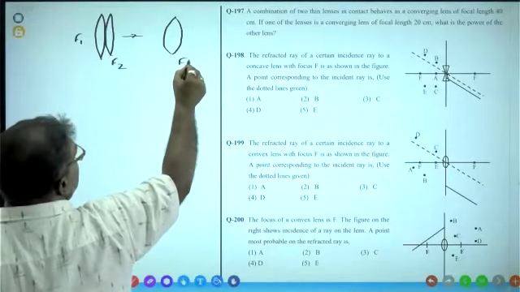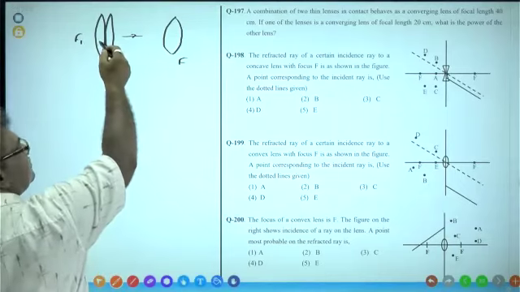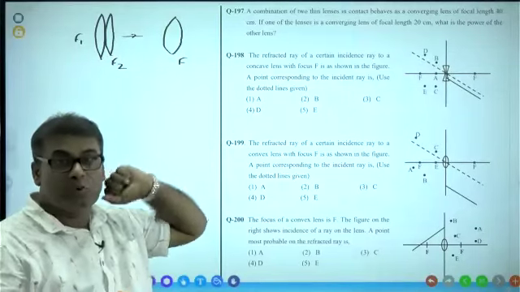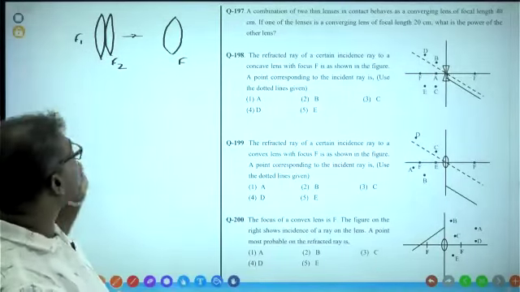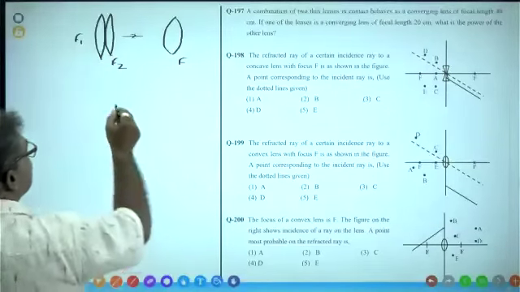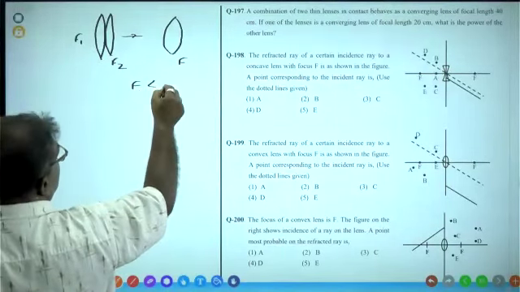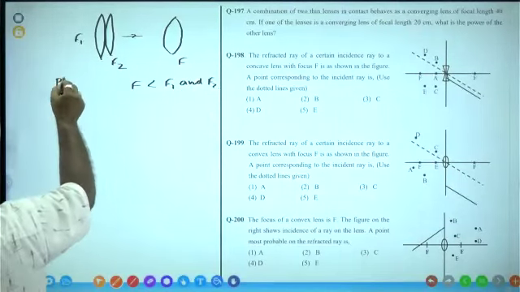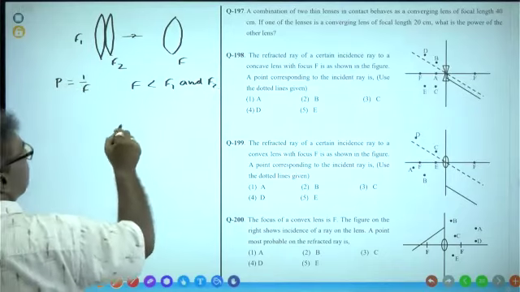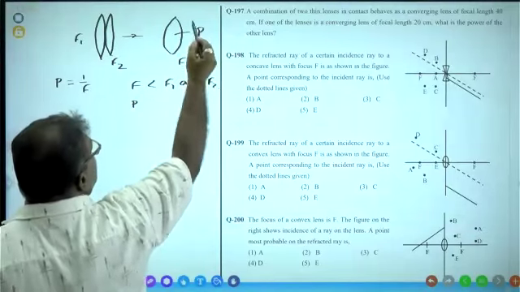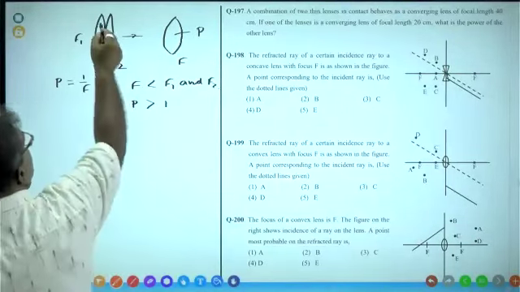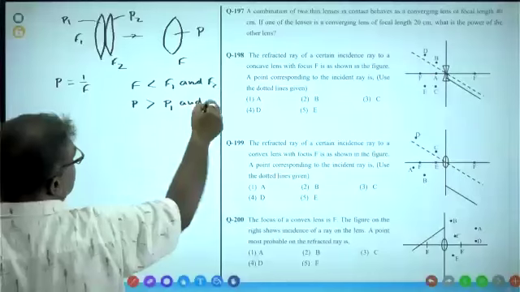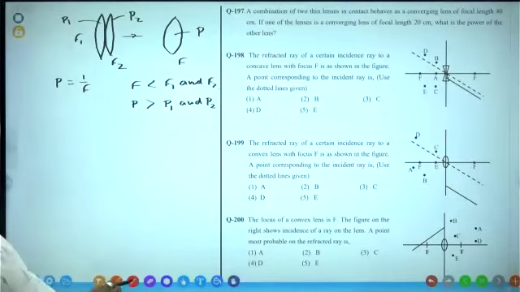And this focal length should be smaller than the smallest focal length of these two, which means f should be smaller than f1 and f2. Then power P equals 1 over f, so power becomes maximum. Let this one be P1 and this one P2. This is the first arrangement.